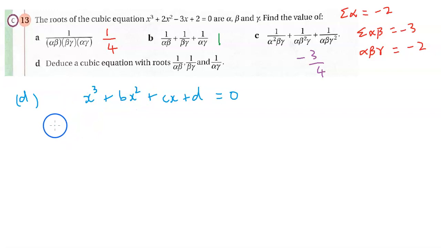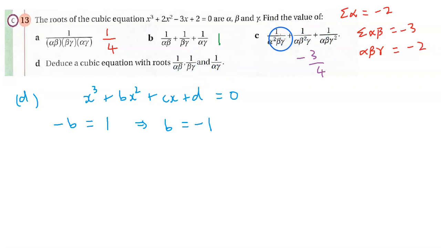Alright, so negative b is equal to the sum of the 3 roots, which is 1. So that tells us that b is equal to negative 1. Now c divided by 1 is equal to the sum of any 2 of the roots multiplied together. So that's what we got here.